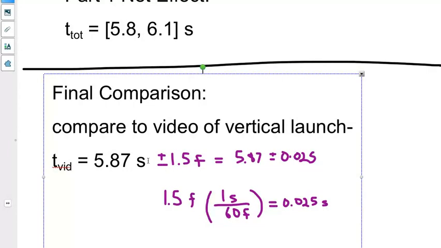What's the smallest it could be? 5.87 minus 0.025. What's that, 5.84 if you round it? Yeah? And then if you go up, it's 5.90 seconds.